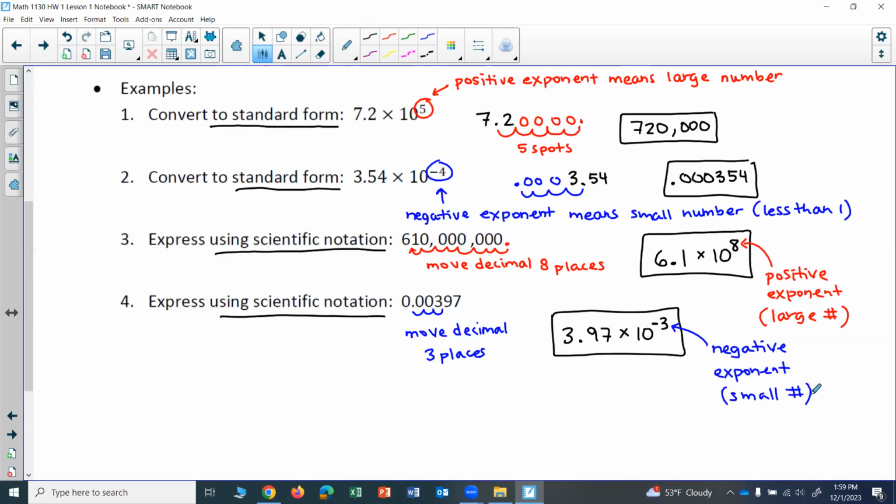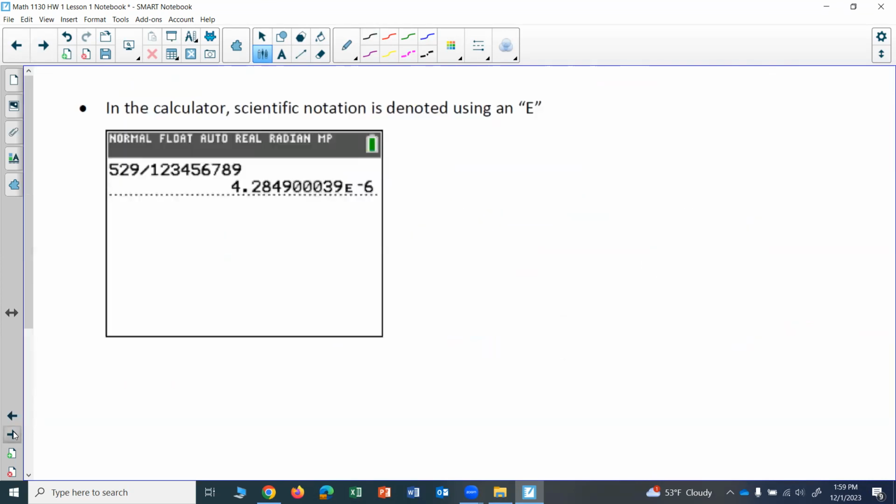Okay, so those are the basics of converting between standard form and scientific notation. Now, in the calculator, if you're using a TI-84, scientific notation shows up with a capital E. So if you saw something like this, 4.284900039, capital E, -6, that is indicating times 10 to the -6 power.